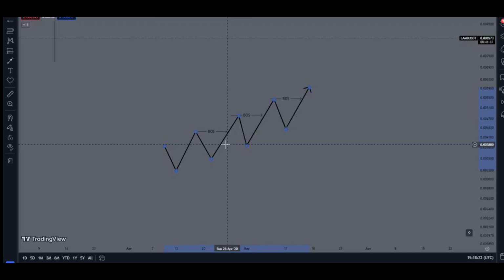A demand zone is the last bearish candle before a huge bullish move, before a huge bullish candle has broken the last high. The last bearish candle before a huge bullish candle has broken the last high, that last bearish candle is your demand zone.